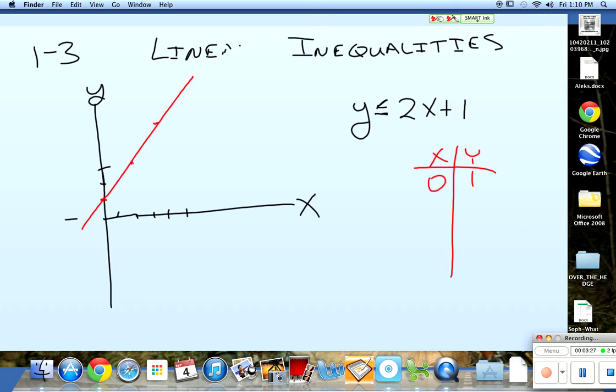If I wanted this to be true, I would find out where my 0 point is. Why would I want to look for this point? If I put in 0 and 0 here, is this statement true or is it false? If it's false, then we know that 0, 0, this side of it is not in this equation. And if it's not, then it has to be the other side of the graph. That's the way we shade it.